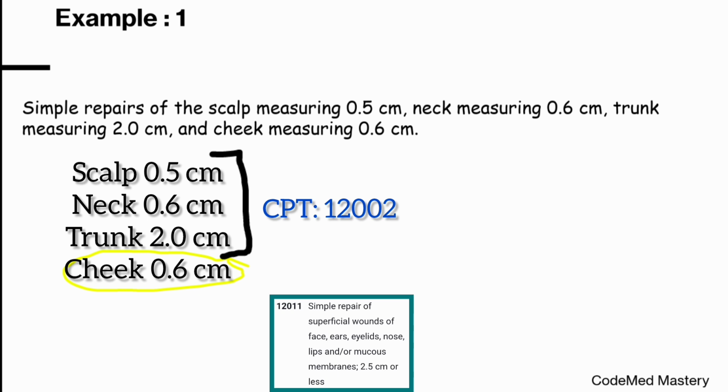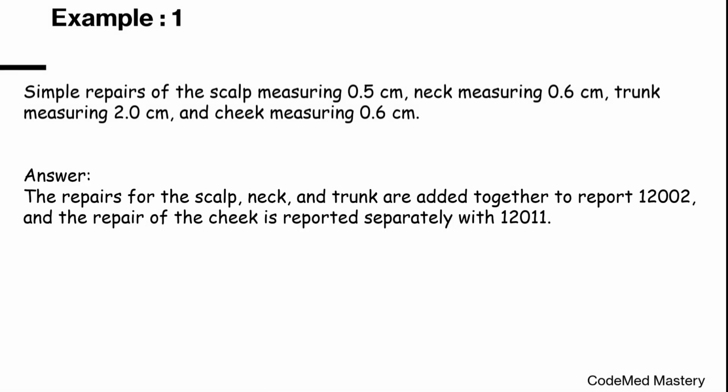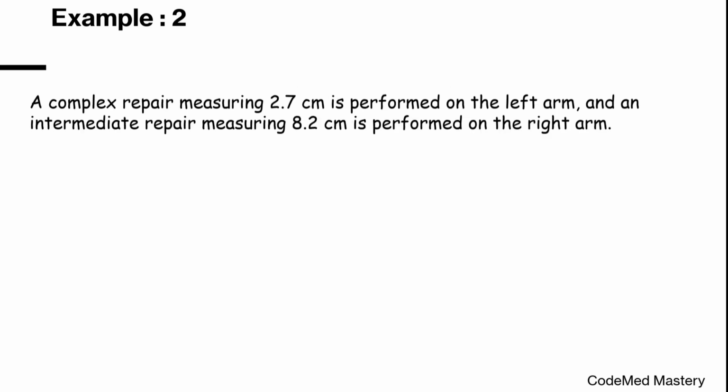Therefore, we can use the code 12011. The length is 0.6 cm. Therefore, the appropriate code is 12011. Here's the final answer. The repairs for the scalp, neck and trunk are added together to report 12002 and the repair of the cheek is reported separately with 12011.